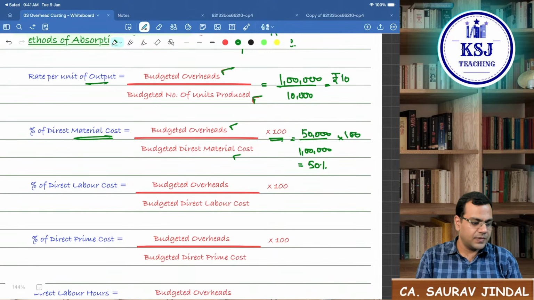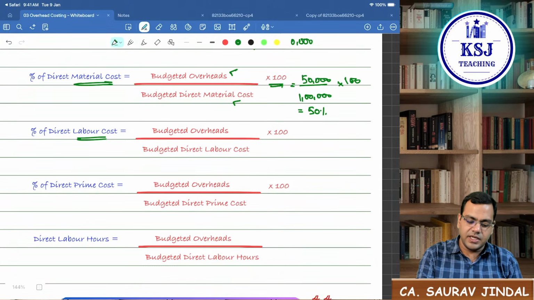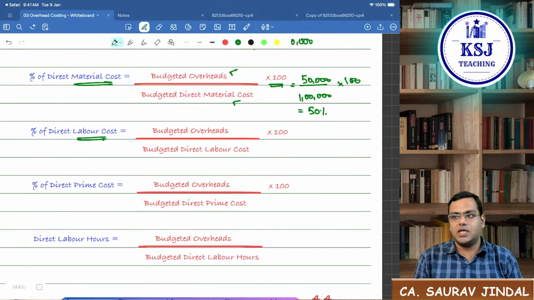Simple. Right? After the direct material cost, we can also take the percentage of the direct labor cost. Direct material cost and direct labor cost are directly identifiable in the 1 unit. So labor cost is budgeted overheads divided by budgeted direct labor cost into 100.